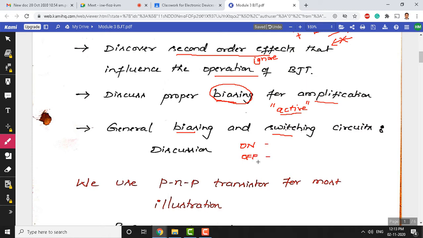Corresponding to the on and off positions, you have to operate the BJT in different regions of the characteristics. When you want to operate a BJT as an on switch, you need to operate it in the saturation region. Saturation means a region in the characteristics where the BJT is conducting heavily. This is called the saturation region.